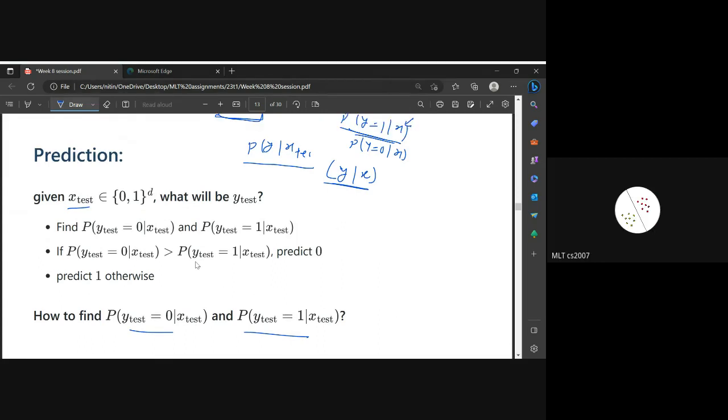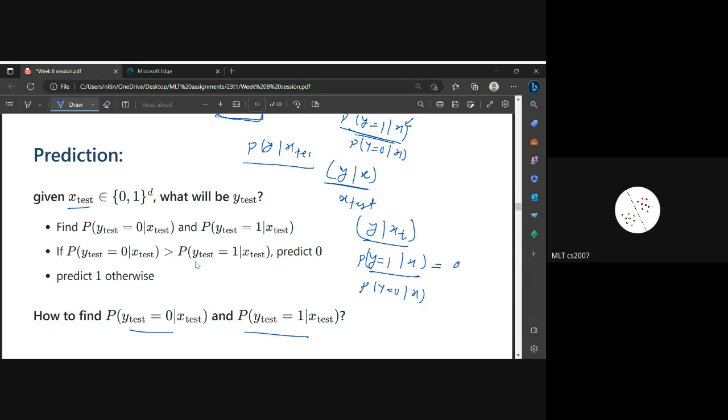In this, for any data point X test, I need to find the label for X test. So given the data point, what is the label for that? I am finding the probability that the label is 1 given the data point, and the probability of y equal to 0 given X. Now tell me, you have these two probabilities.